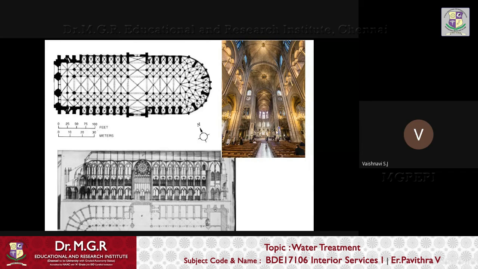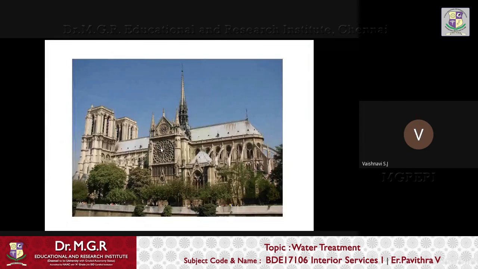You can have clear lighting, and there are windows which are very large, very huge. They've used stained glass windows only, and they have triforium galleries, pointed arches. Everything is a part of a Gothic church. So this is the part plan and part section of the Notre Dame Paris. So this is the elevation of Notre Dame. Okay.